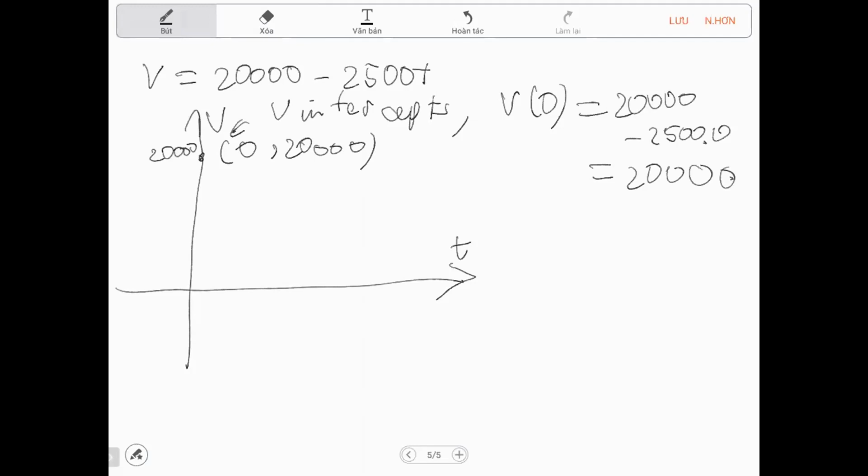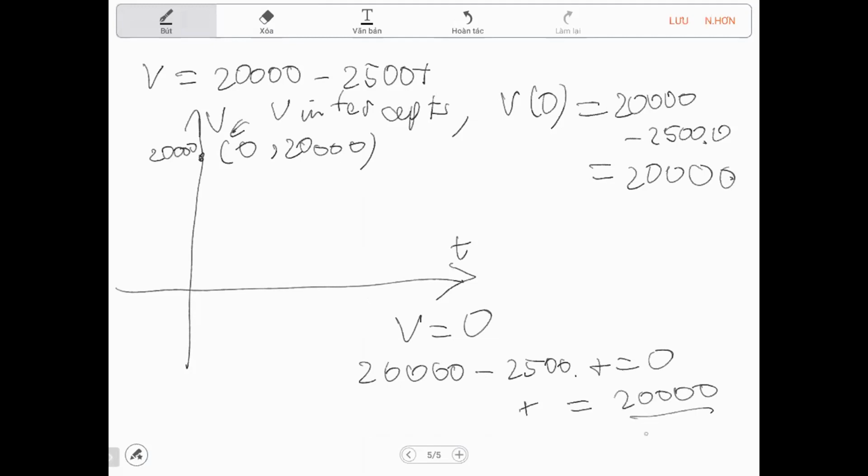For the T intercept, you have to assume V equals 0. When V equals 0, you have this equation: 20,000 minus 2,500 times T equals 0. And then you solve for T. So T is 20,000 divided by this amount. I believe it is 40, right? No, it's 8.